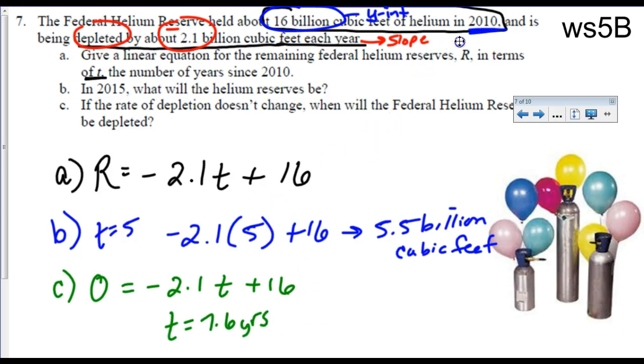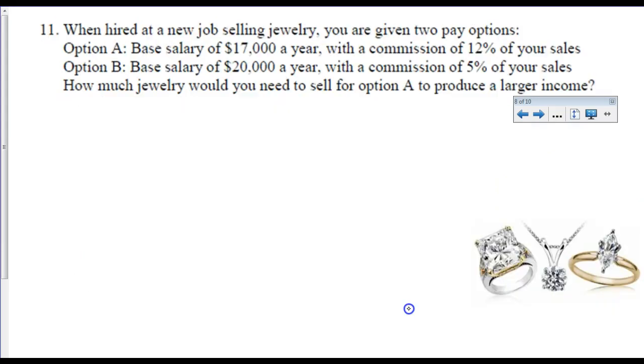So if I think back to what T equals meant, 7.6 years after this would be between two, oh no, it already happened. So we'll say between 2017 and 2018. I don't know if that's accurate data. Usually these math problems are lies, so don't feel too scared about this.